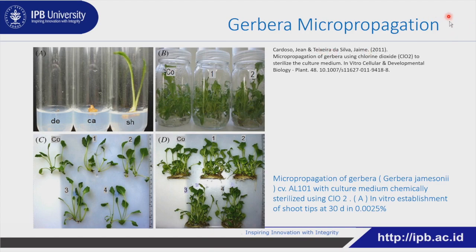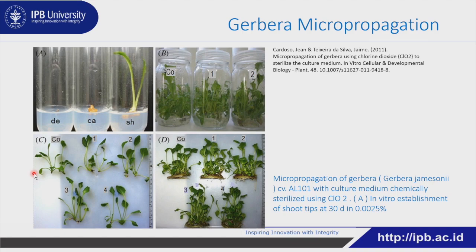Another popular example is gerbera. Gerbera is a high value commodity, but it is difficult to propagate vegetatively because naturally the nodes are very tight, so it's not easy to separate them.